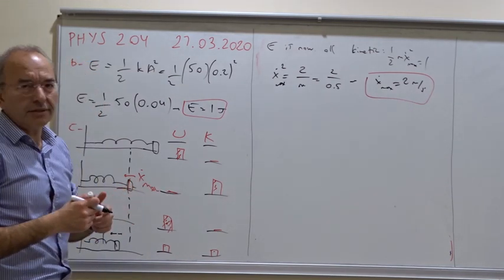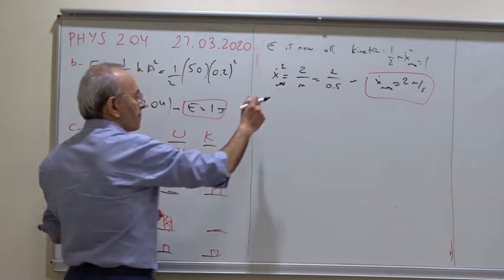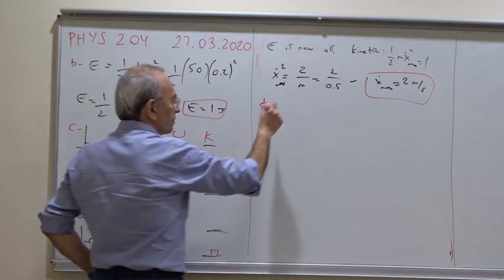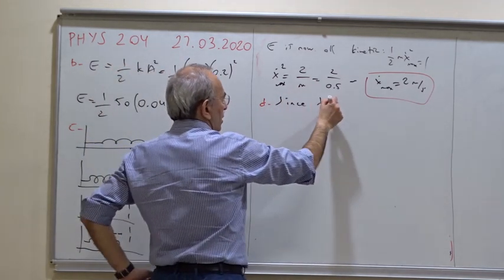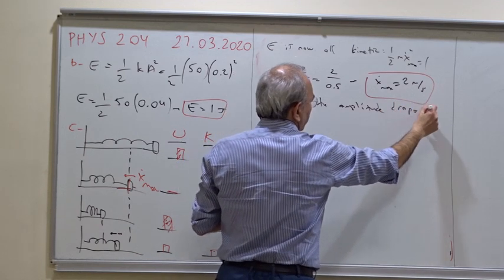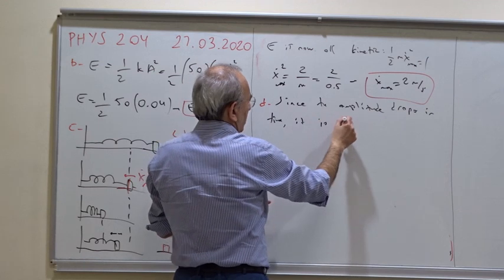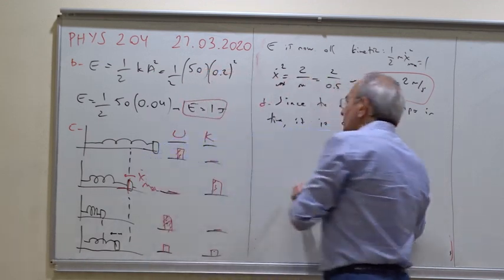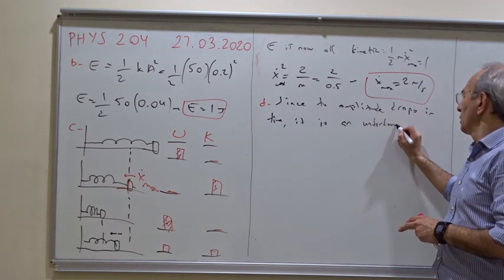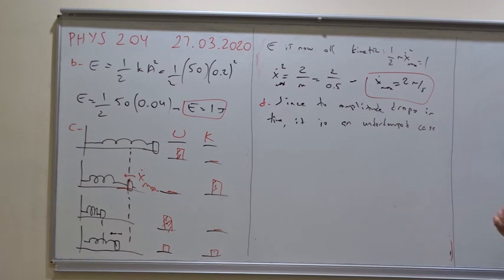We understand that in part D it is an underdamping case, since the amplitude drops in time. It is an underdamped case, underdamped oscillations.